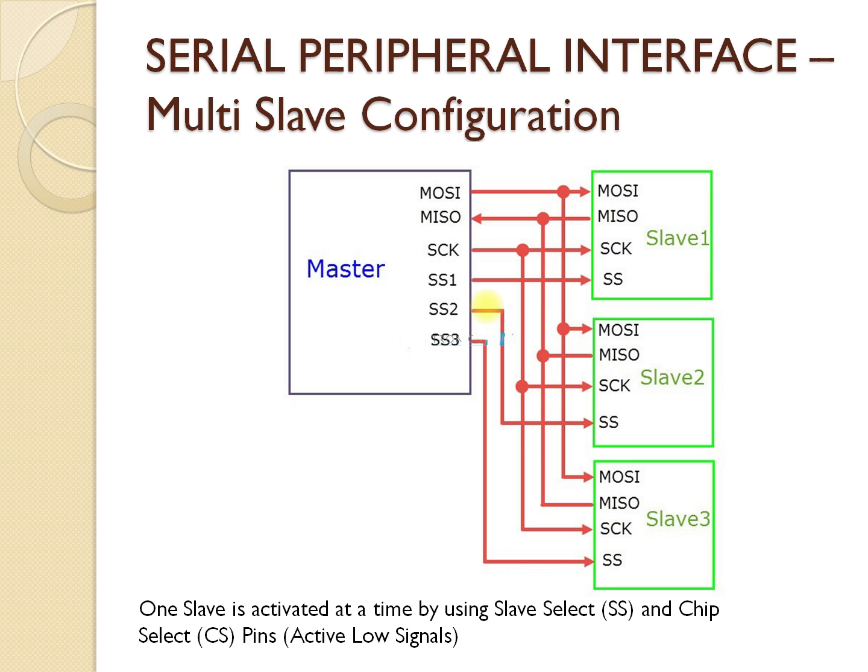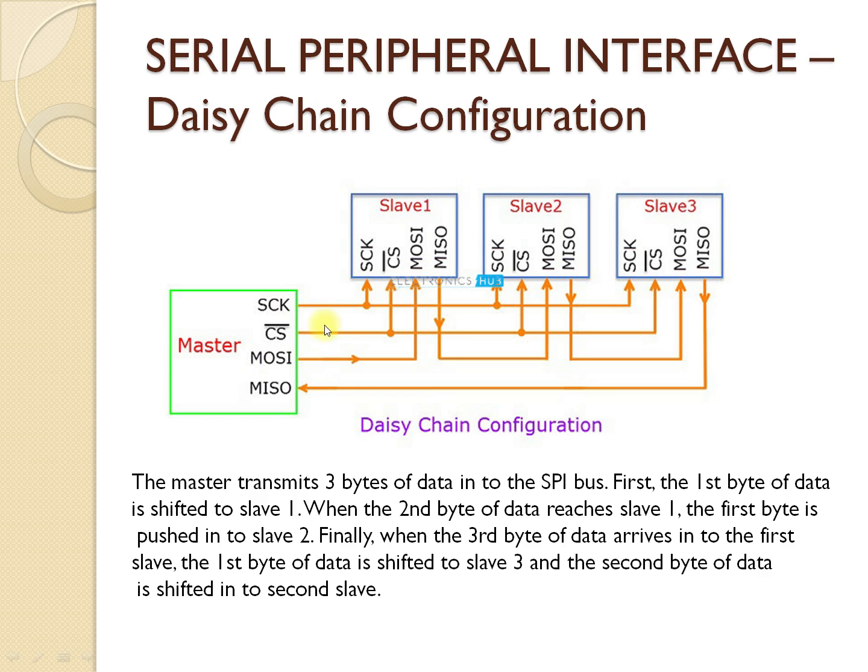Since in the previous configuration, if you have 10 slaves means we need to have 10 slave select pins, but here we don't need that amount of slave select pins. We may need only one slave select pin or the chip select pin and the clock signal, and also the MOSI and the MISO pins.